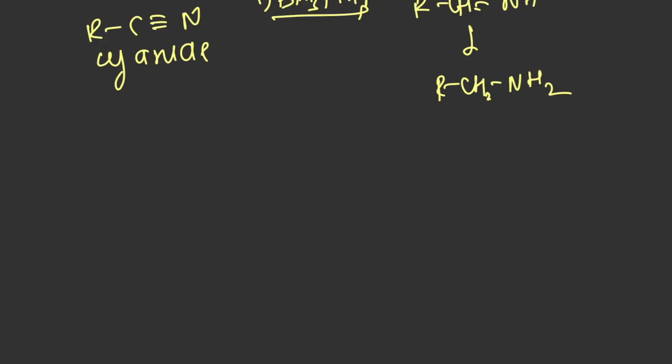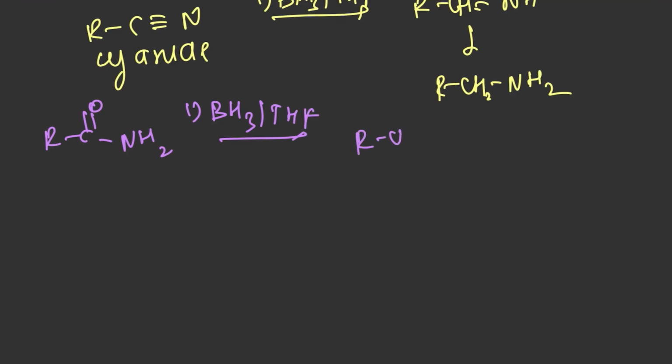Let's look at the fourth reaction. We have an amide, RC=O NH2. First it will react with BH3 and THF. It will form RCH2NH2.